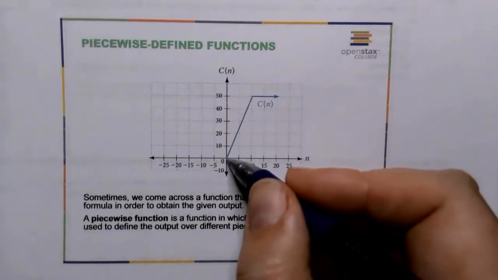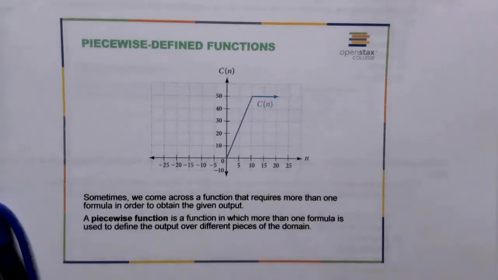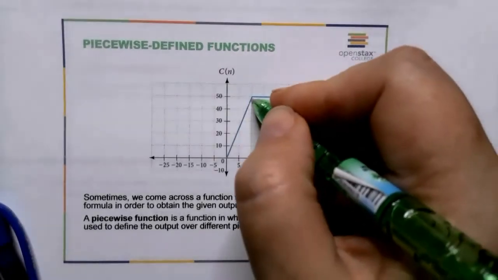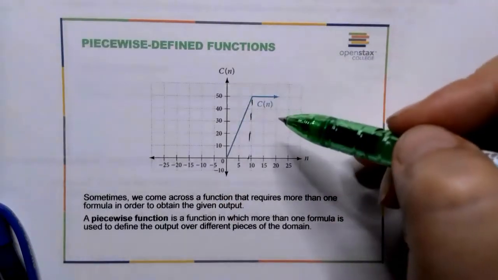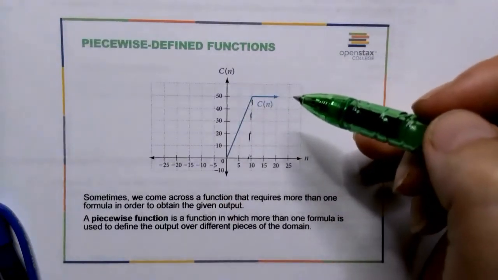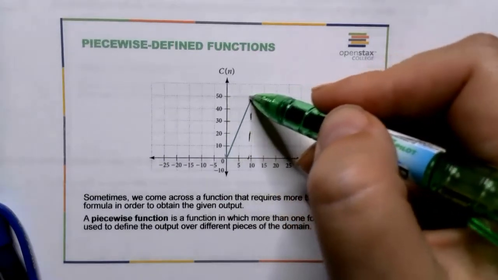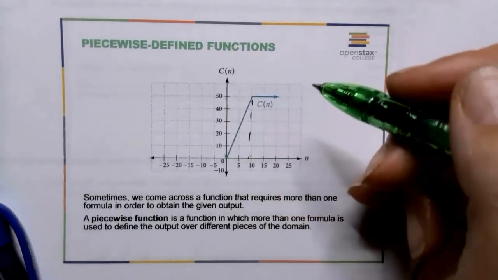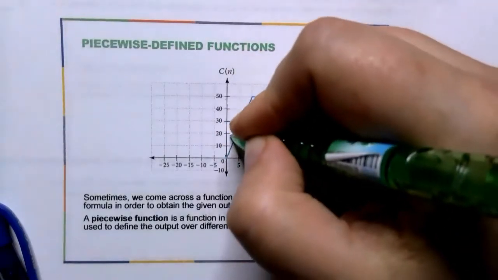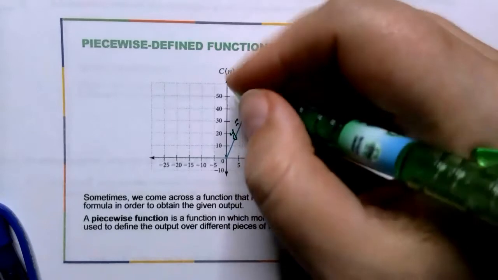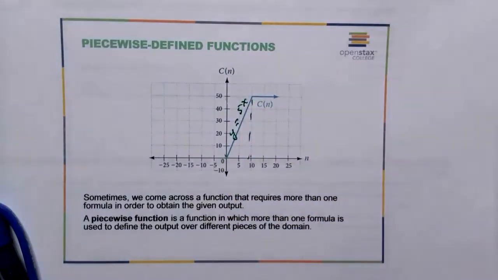From 0 to 10 on x, this is a line with a slope. What is the slope of this line? Basically, it's 50 over 10, so that's 5, right? So the equation of this piece would be y equals 5x plus 0.